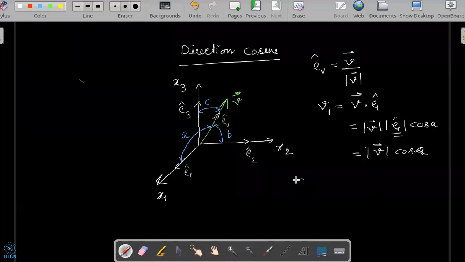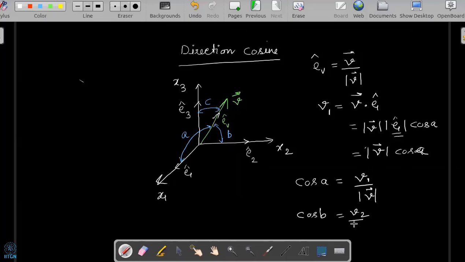So cos a is v1 divided by the magnitude of v. Similarly, cos b is v2 upon v, and cos c is v3 upon the magnitude of vector v.